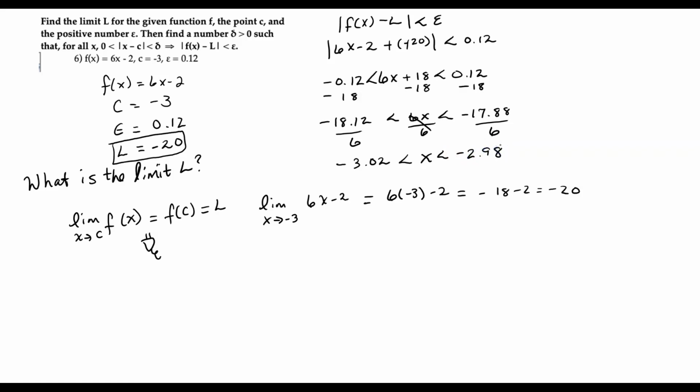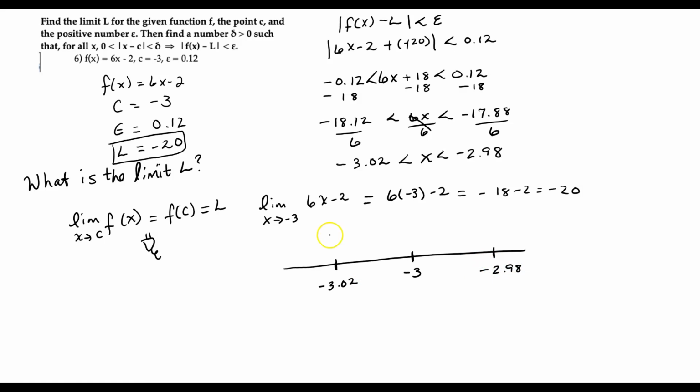Okay, so this right here is what we're looking at in terms of investigating our delta. All right, and again, this is a linear function, so it's no surprise here that the delta, the spread for the x, is going to be symmetric. So let's write out what we know. This is negative 3.02, and this is negative 2.98.